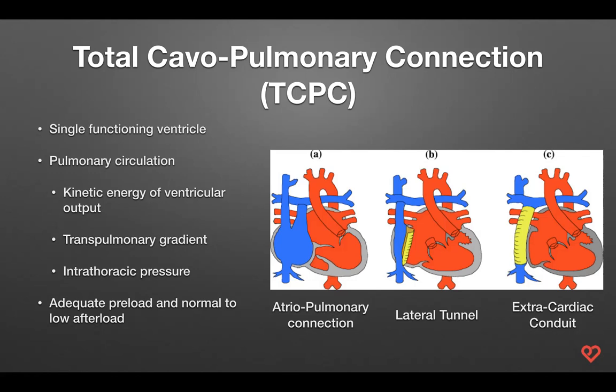Additionally, you have to have adequate preload and normal to low afterload. So coming back to that preload, in these patients, if they are supine, they're a Fontan and they're pregnant, they're going to cut off their preload, which is going to significantly reduce their cardiac output. So it's important for Fontans to be off of their IVC.